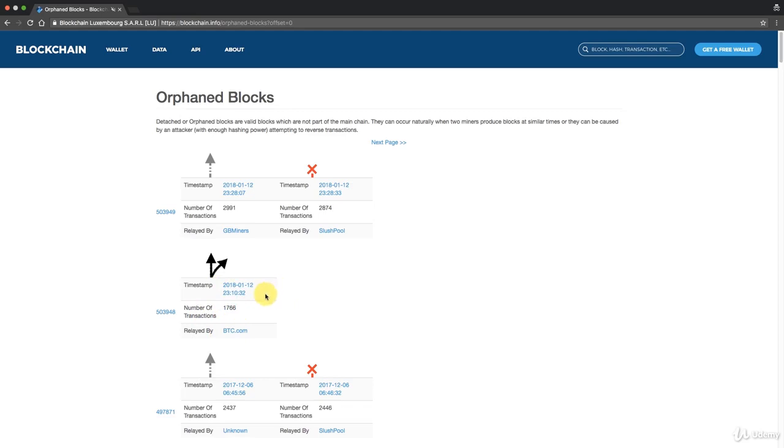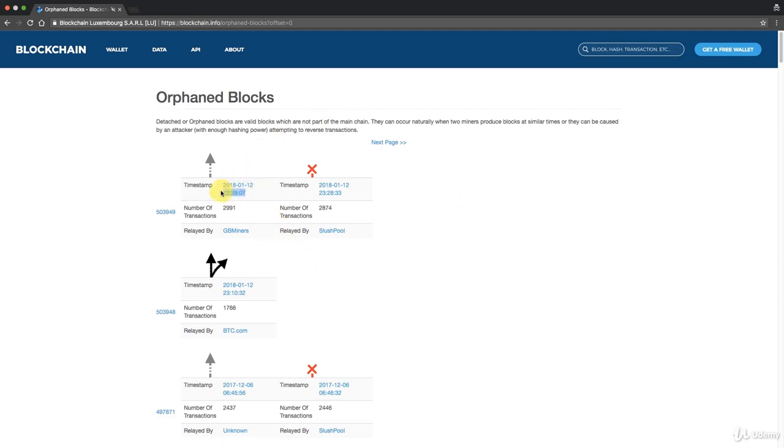Okay, and so then what happened? Well, after that, as you can see, 18 minutes passed, so a bit more than 10. Ten is the average, so sometimes more or less, because it's a statistical thing to find the hash anyway. So 18 minutes passed, so 23:28 on the 12th of January.